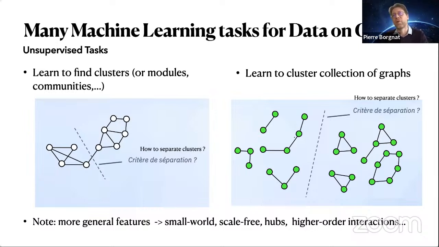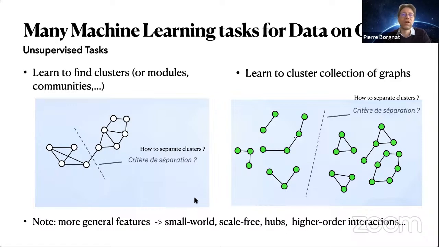On the right, it's more a vision of machine learning where you have various graphs with attributes. The graphs, for instance, could be the small images of one of the challenges of computer vision, MNIST or another one. Then you want to classify these small graphs, saying which one is in which cluster.